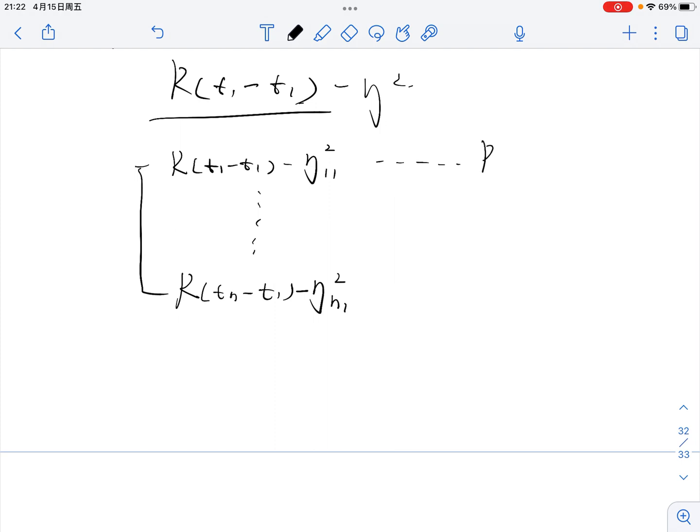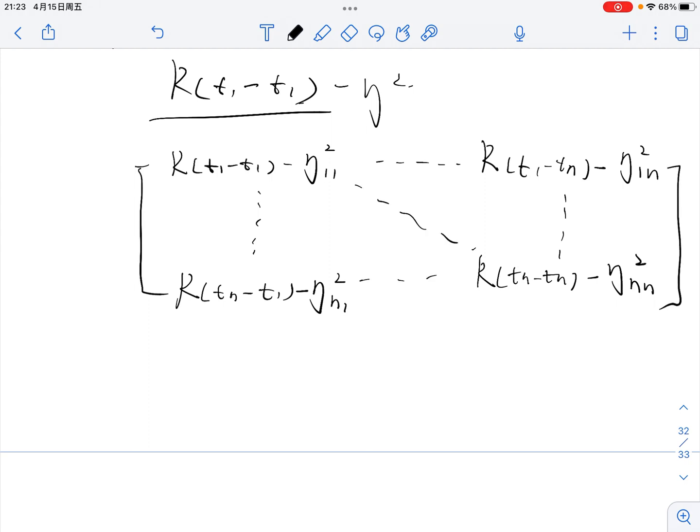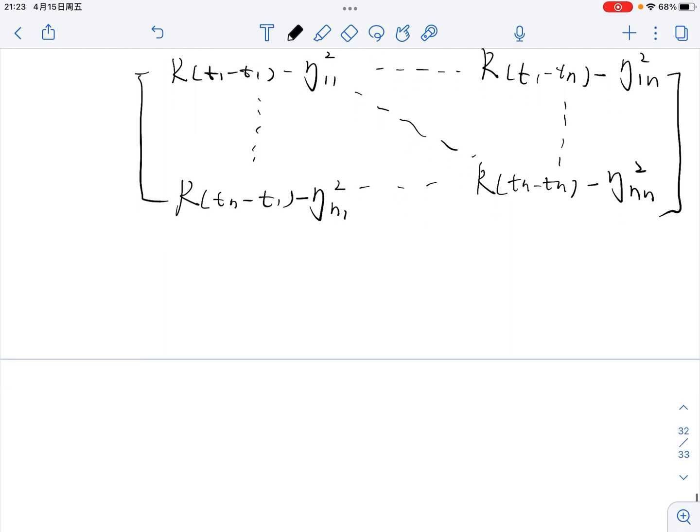The last term in the first row is R(t1 minus tn) minus eta squared, and the last term would be R(tn minus tn) minus eta squared. So we rewrite the covariance matrix into this form.